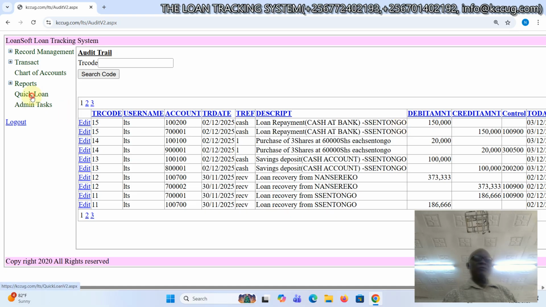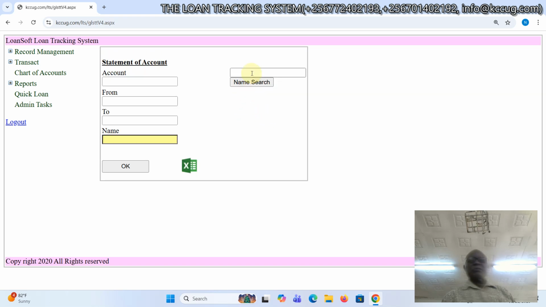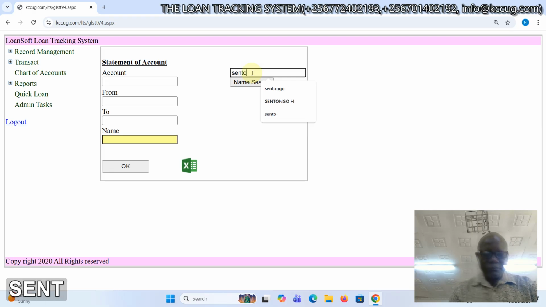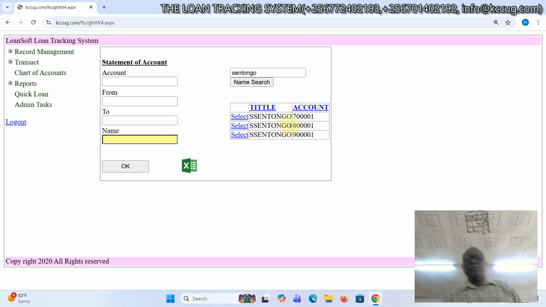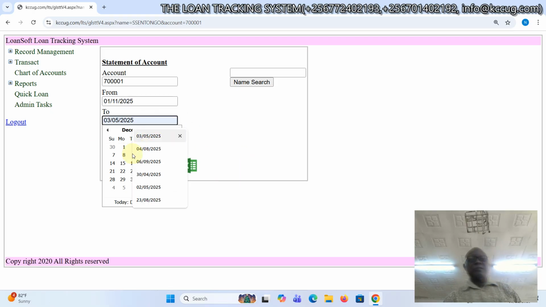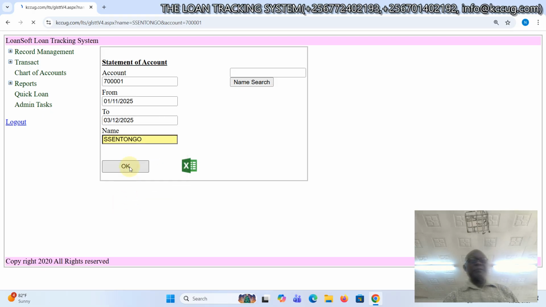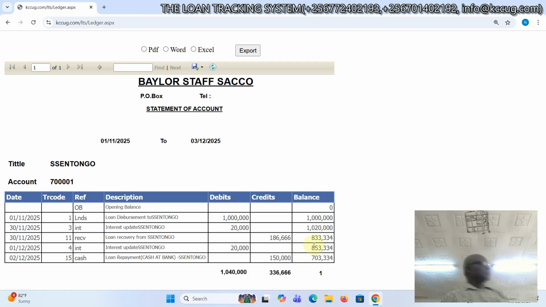If you check Sentongo, his loan account is 5th of November 2025. Today. This is now Sentongo. So you can see the additional 150,000 that has been paid. Okay.